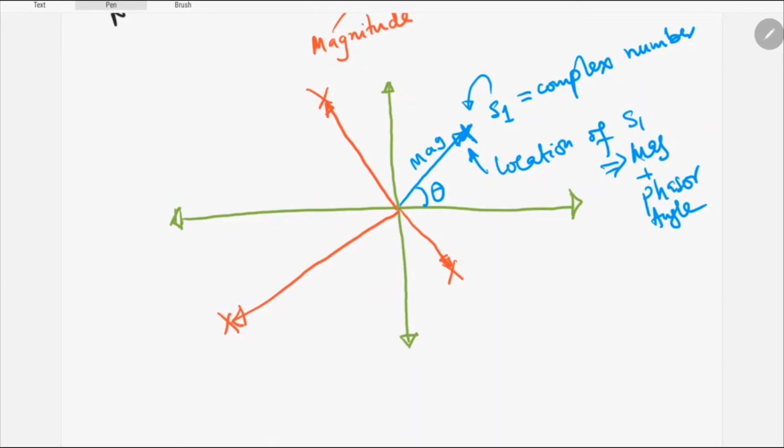So the point is, with this vector and with this angle, wherever you want to go, with the different angles we have and with the magnitude of the vector, we can trace the location of these points. So that's the other method.